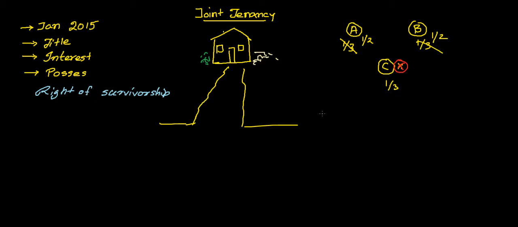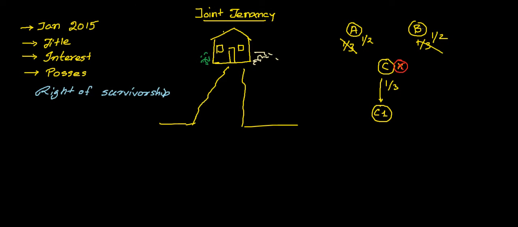In case C died, C's heir, let's say C1, maybe his or her son or kids, cannot get the ownership, because that's how joint tenancy works, and they have no ownership in this case.